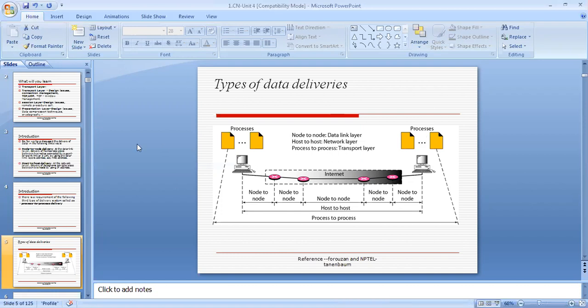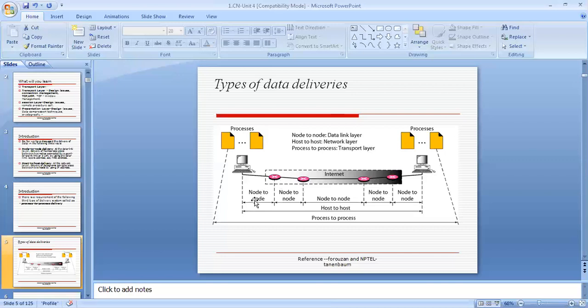Now you have to identify which layer is responsible for host to host communication and which layer is responsible for node to node communication. Basically, when two machines are far apart from each other and we transfer our message, first the message is transferred from the first machine to the next immediate device, which is node to node.